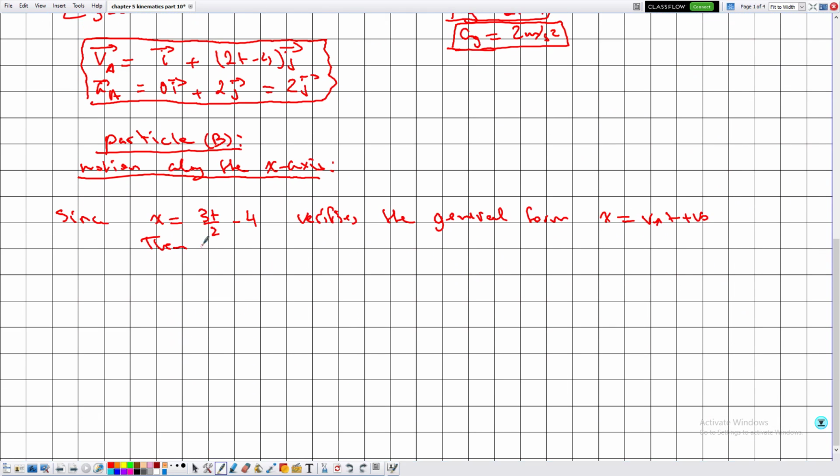Then the type of motion is URM along the x-axis.